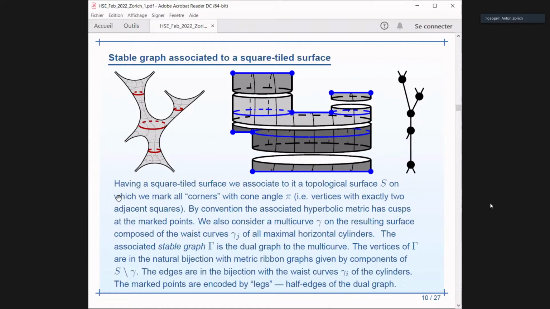So when I make a parallel transport of a vector on a square tile surface along a closed path, it comes back either in the same direction or turned to the opposite direction. There is no holonomy, almost. The worst thing is that it can get turned upside down.